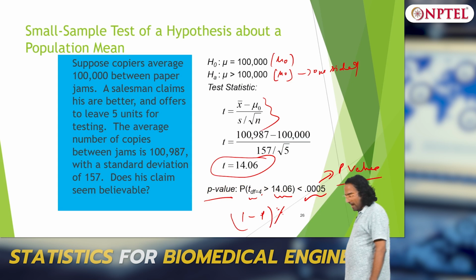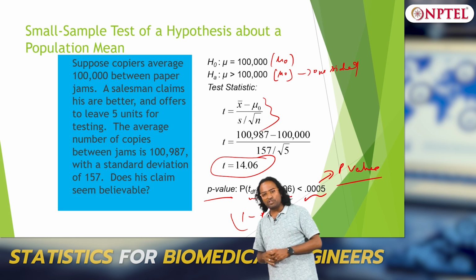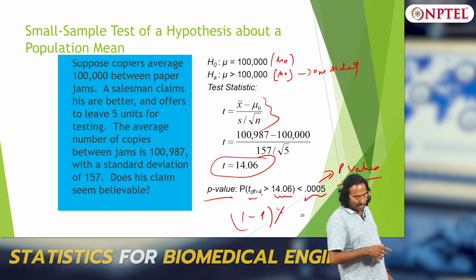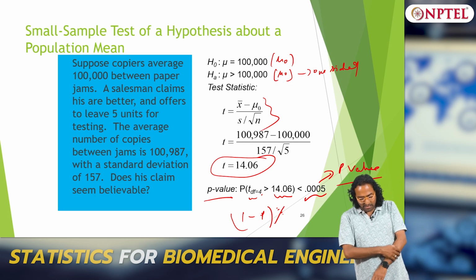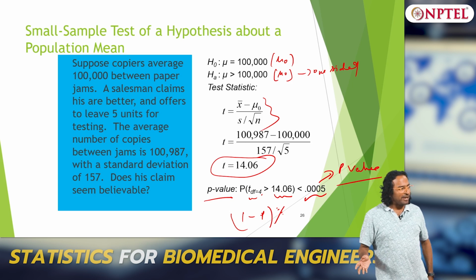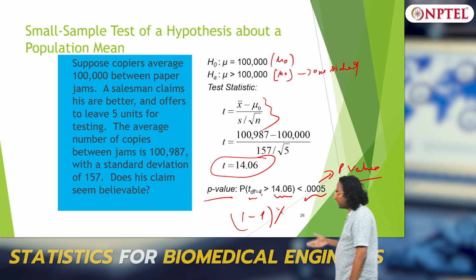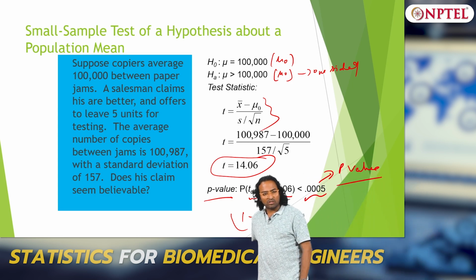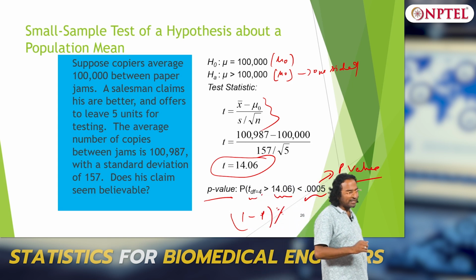Copiers average 100,000 copies between jams, and the average from the sample is 100,987. The salesman claims his are better and offers to leave 5 units for testing. The null hypothesis is that the mean number of copies between jams is 100,000, and he claims it to be better, so mu A is greater than 100,000. We did this.